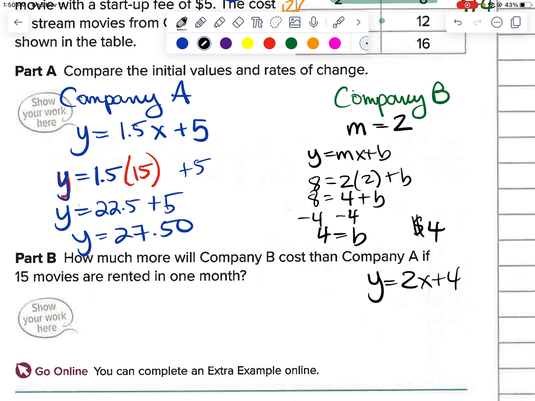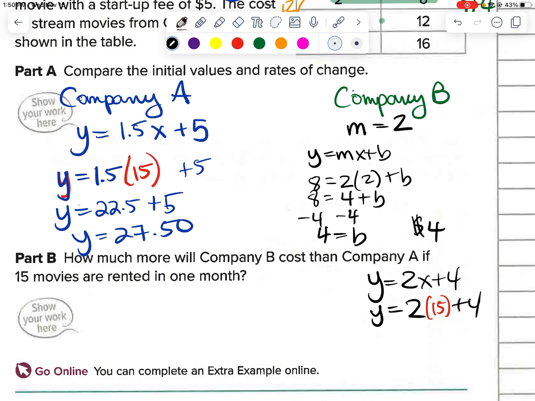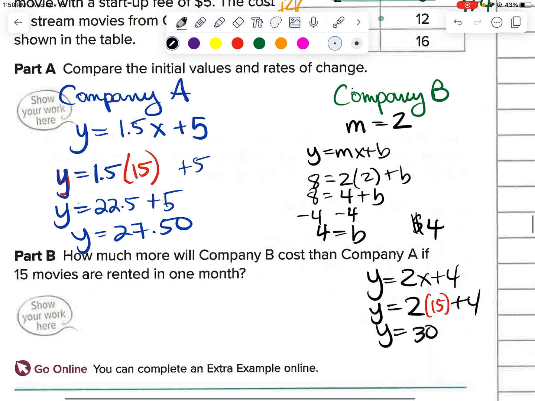Over here, if I replace x with 15, I will get 30 plus 4, which is $34.